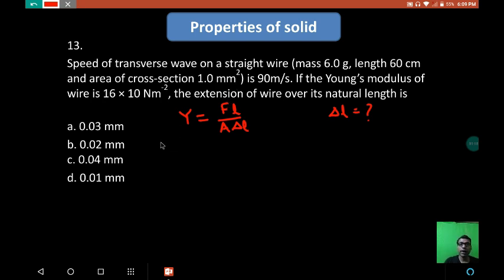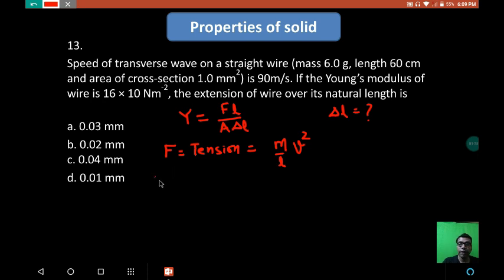Force is nothing but the tension put in the wire. Force is nothing but the tension, which is equal to the mass per unit length into the velocity square. So we just find out the force by putting the mass, velocity and length. The data has already been given.